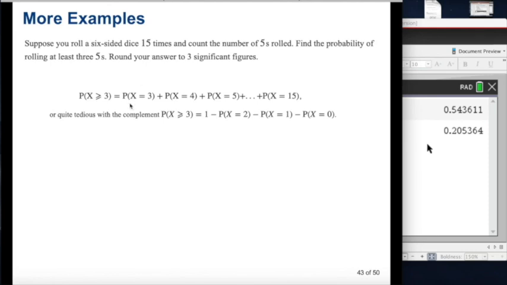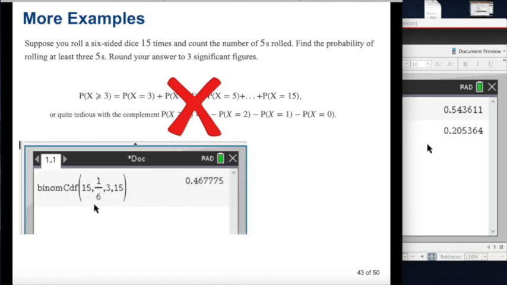So we need to find the probability when the random variable x is equal to 3, the random variable being the number of times of rolling a 5, at least 3 times, 4 times, 5 times, until 15 times. It is quite tedious to do, so I don't want to do it using manual calculation. I would prefer using the TI calculator.